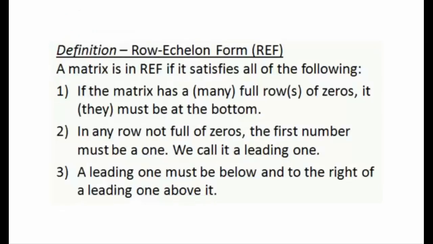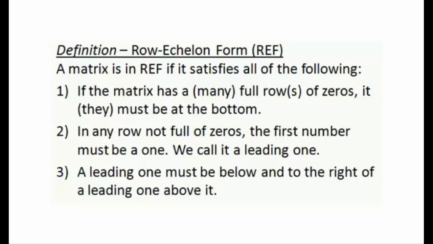The second special form our matrix could be in is called row echelon form, and this one's usually simplified to REF. We say a matrix is in REF if it satisfies the following 3 properties. The first one is if the matrix has a full row of zeros, it has to be at the bottom. The second one is, as we read from left to right in a non-zero row, the first number we hit must be a 1, and these are the leading ones.